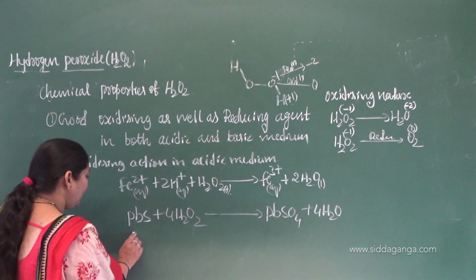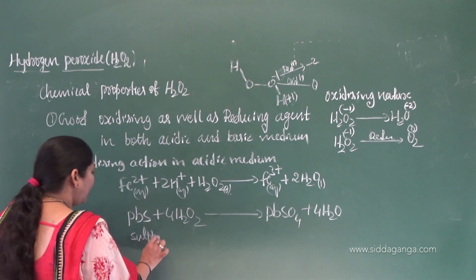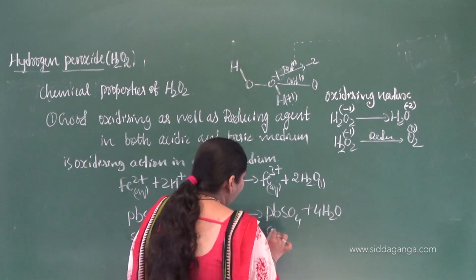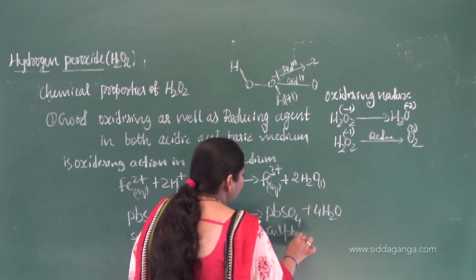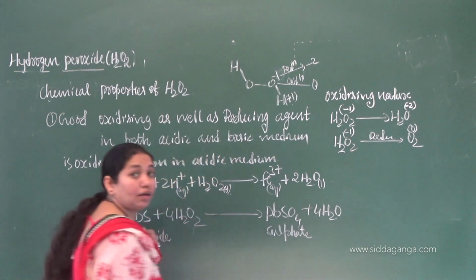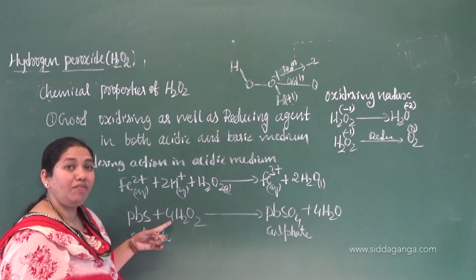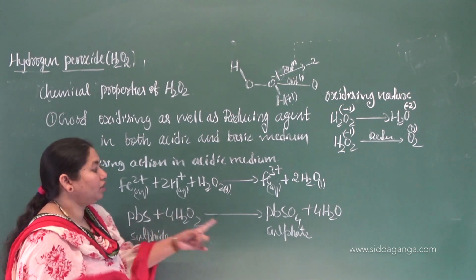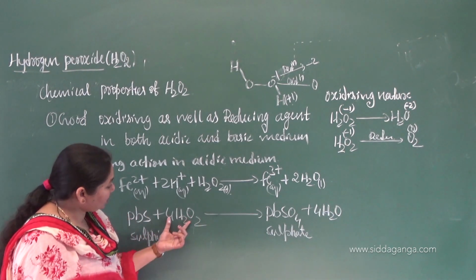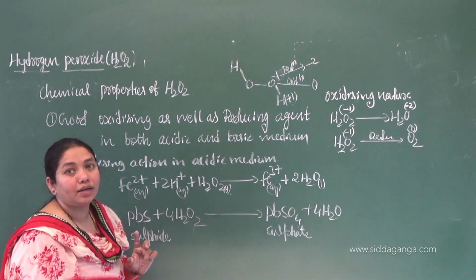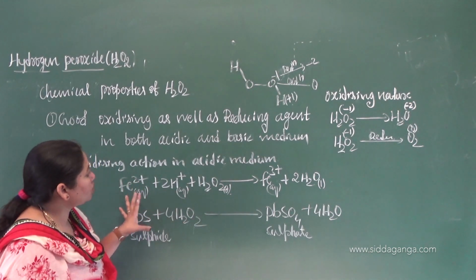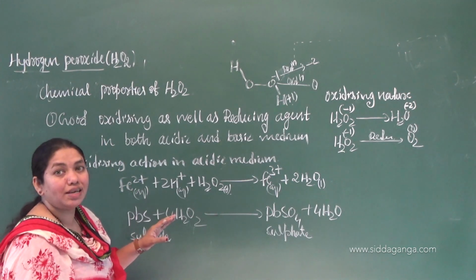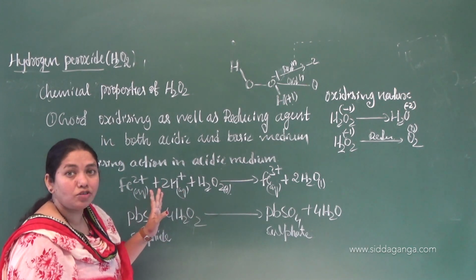Lead sulfide is converted into lead sulfate. So this is one more reaction where we can see that it oxidizes lead sulfide to lead sulfate and itself is reduced to water. So this reaction shows that our hydrogen peroxide is a very good oxidizing agent in acidic medium. Understood this concept?